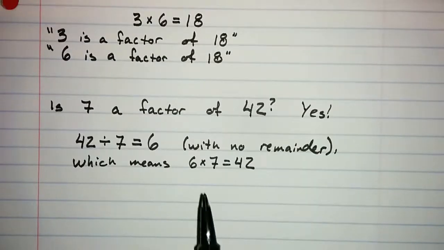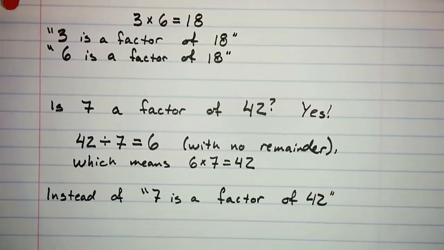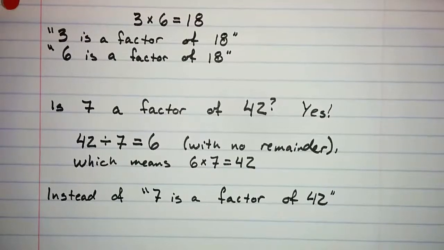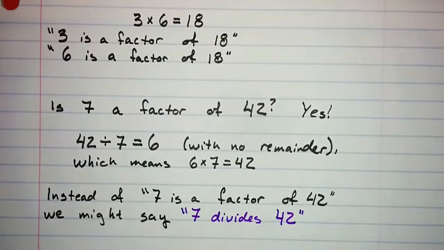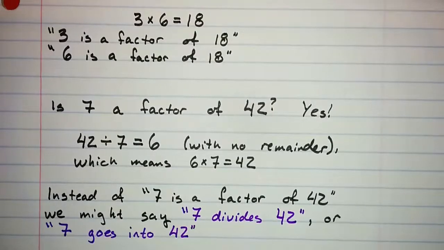For this reason, we have another word for being a factor. Instead of 7 is a factor of 42, we might say 7 divides 42. 7 goes into 42. Sometimes we also like to express the relationship from the point of view of 42 rather than from the point of view of 7.